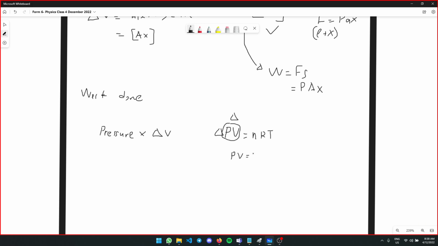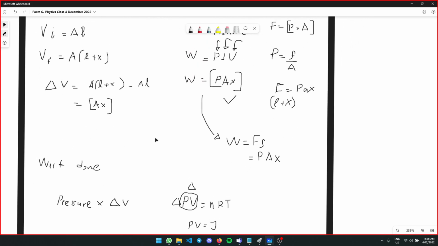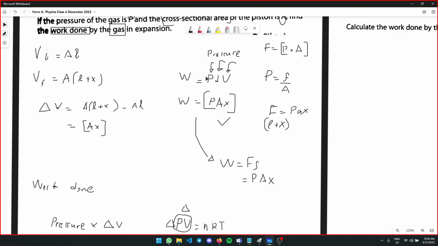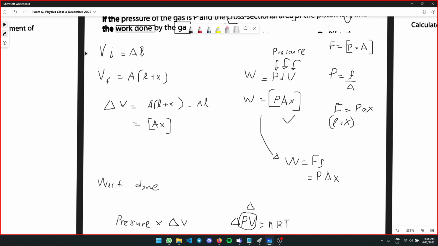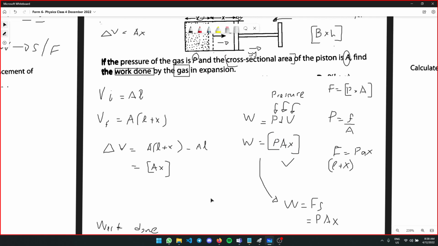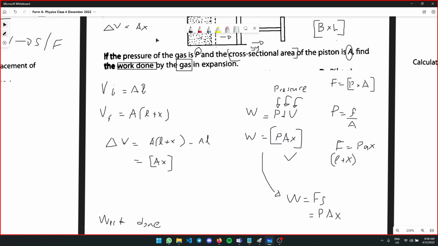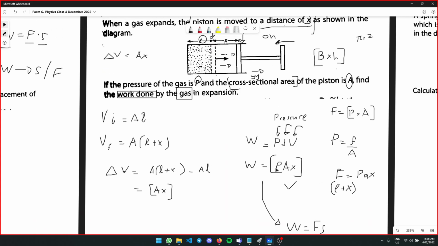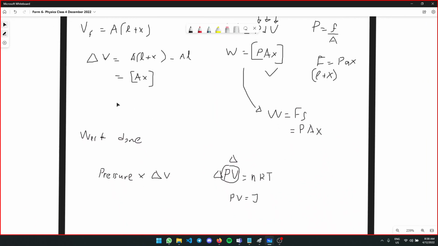You know, the SI unit of PV is actually joules. So when I mentioned this change, PdV, AX is the change in volume and P is pressure. Volume is what is changing here, and pressure is constant.